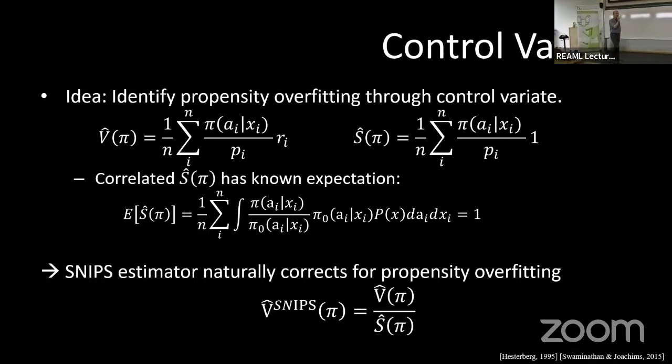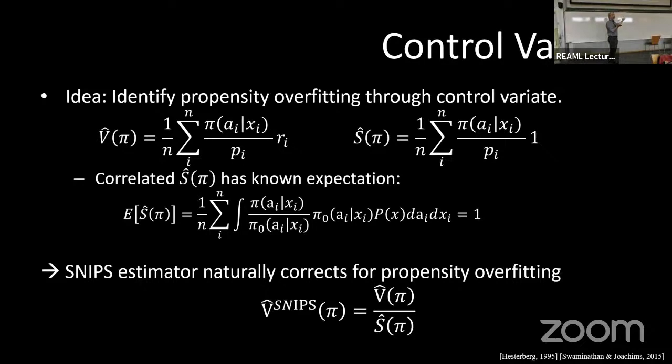If we pick a policy and this value isn't anywhere close to 1, something's wrong, right? In particular, if our policy weasels out of all of this data, that value of S is not going to be anywhere close to 1. It's also going to be 0, just like the IPS estimate of the rewards. And so a very effective estimator is that you just divide the reward estimator, the IPS estimate, by the control variate.